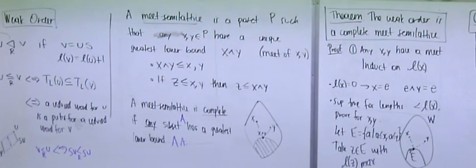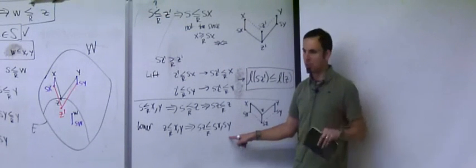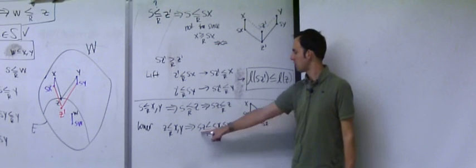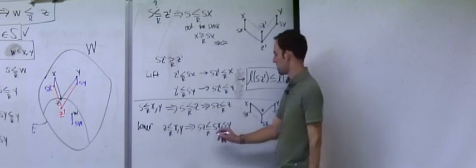Now, why is that a good thing? Because you see, what are the things that are less than or equal to sx and sy? Remember that I'm taking this induction hypothesis that says that I already know that sx and sy have a meet. And so if sz is less than or equal to both of them, then sz has to be less than or equal to their meet.